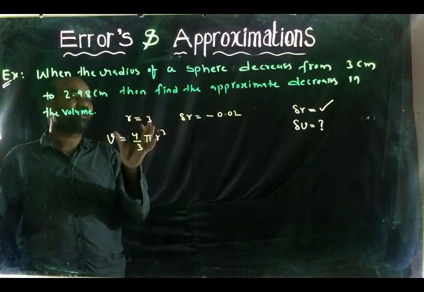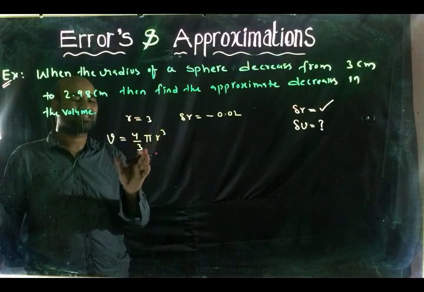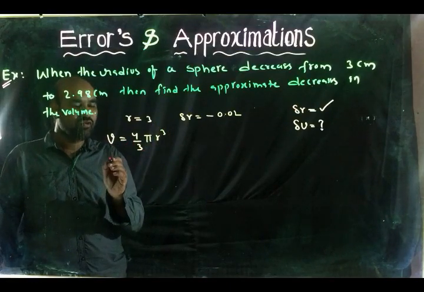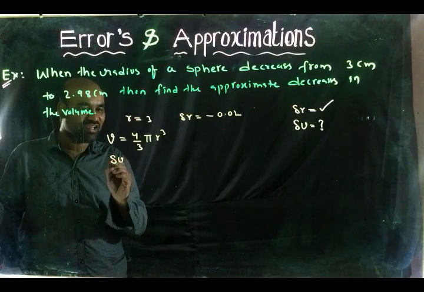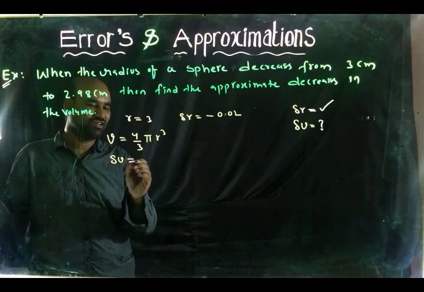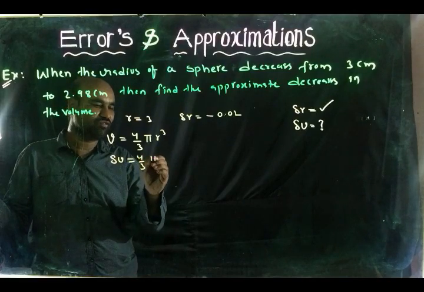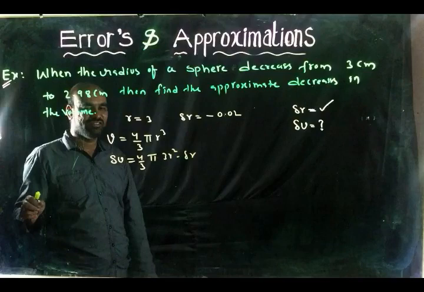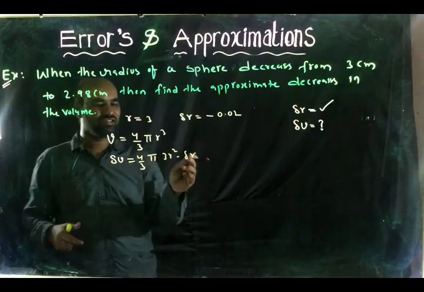But in this chapter, errors and approximations, instead of dV by dr, we want to write delta V by delta R equal to 4 by 3 into pi into 3r square into delta R. This is given, just substitutions.